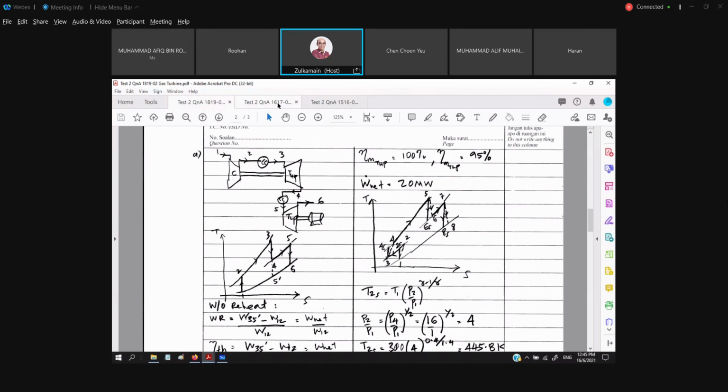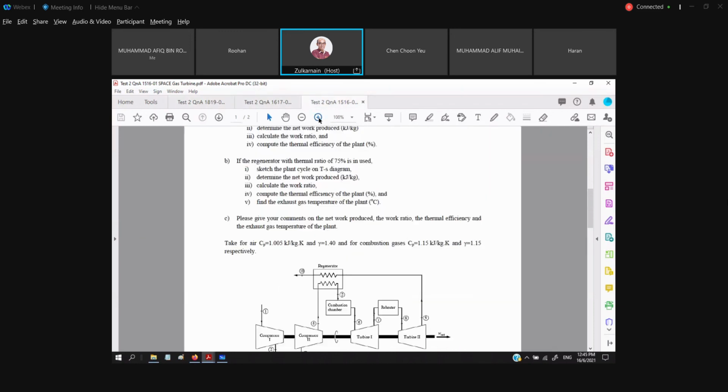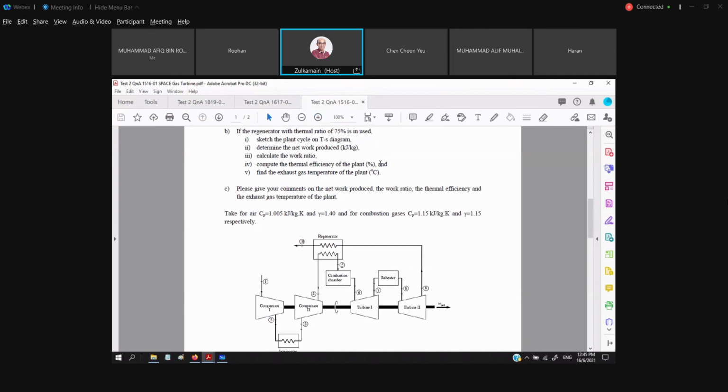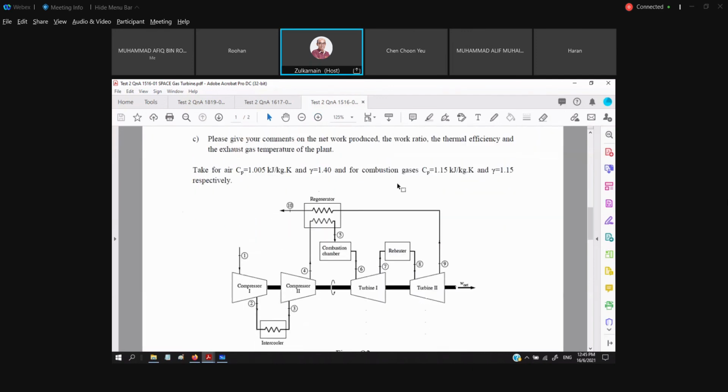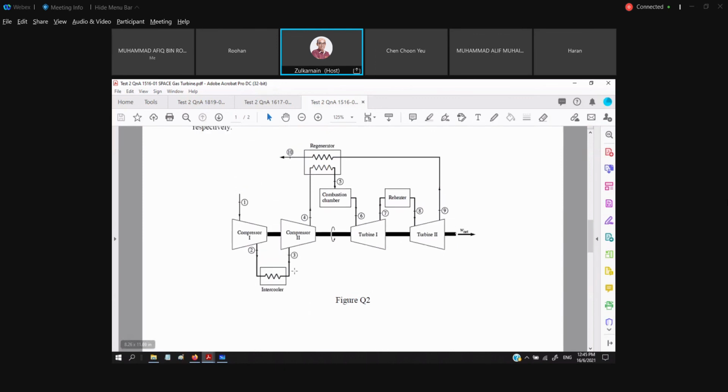If you look at 15-16, this is the most featured type of our plant. You see, we have our intercooler, we have our combustion chamber, we have our regenerator or the heat exchanger, we have the reheat, right?